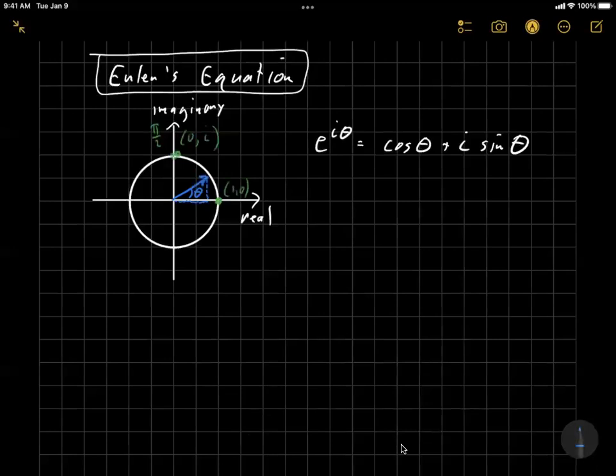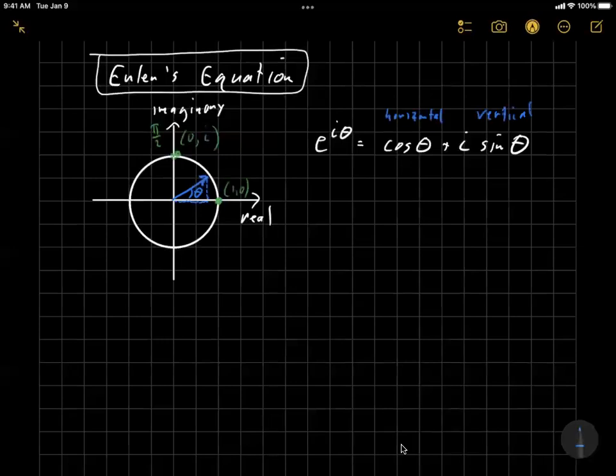If you were to look at that, the adjacent side would be the horizontal component, given by the hypotenuse 1 times the cosine of theta, and the vertical side could be found using the sine of theta. So the horizontal side tells you how much you're in the real direction, and the vertical side tells you how much you're in the imaginary direction.